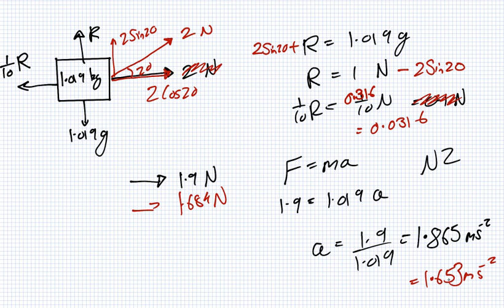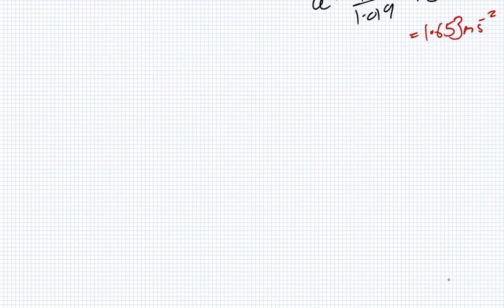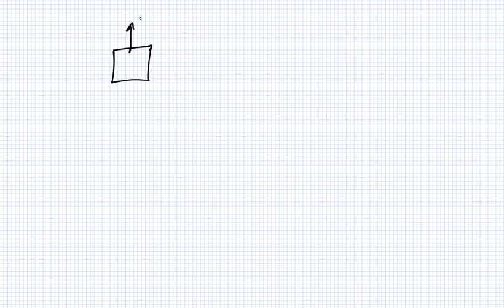And then finally, at what angle will the rope no longer cause the block to accelerate? So at what angle can we put this so that the block no longer accelerates? Maybe just redraw that here. So what we're looking for is that this is 1 Newton.